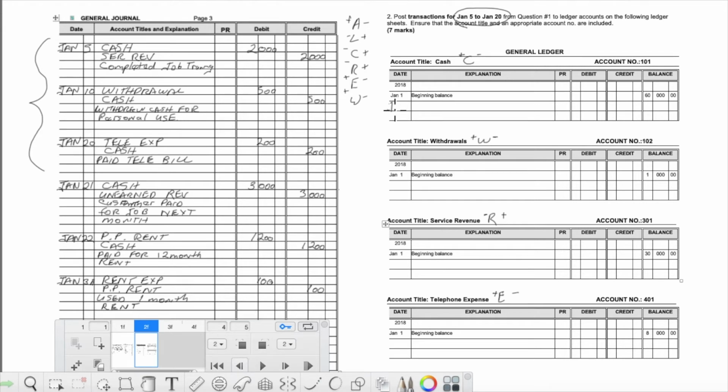So we pull the date, January 5th. And the explanation is what we're pulling. So what happened? Oh, we completed job training on that day. Completed job.